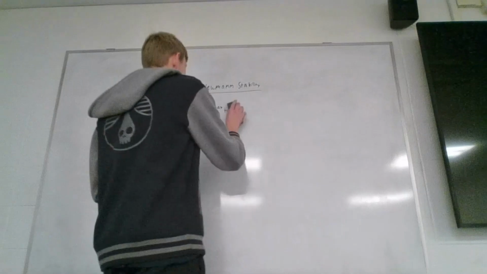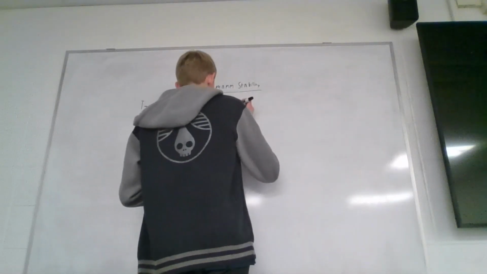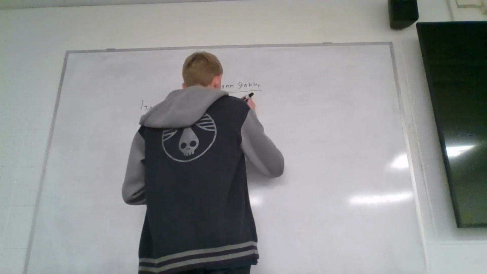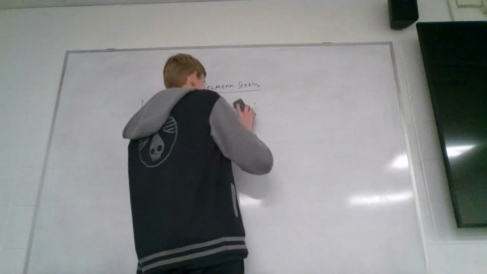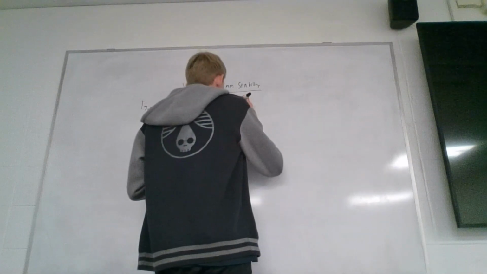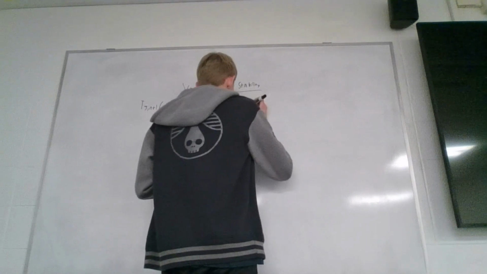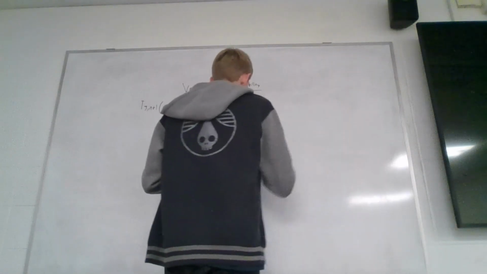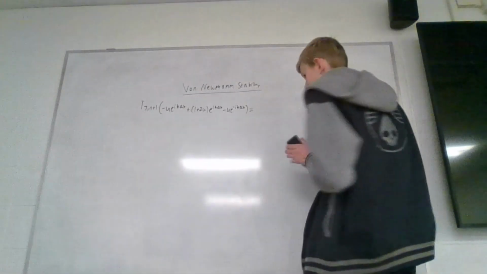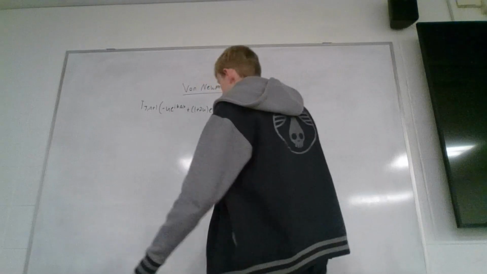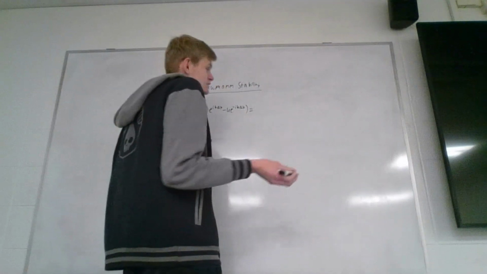Let me grab my eraser. Minus u e^(ik), or that's a negative, excuse me. Negative i k delta x. Then our right side is going to be very similar, except our signs and our time steps are going to be switched around a little bit.